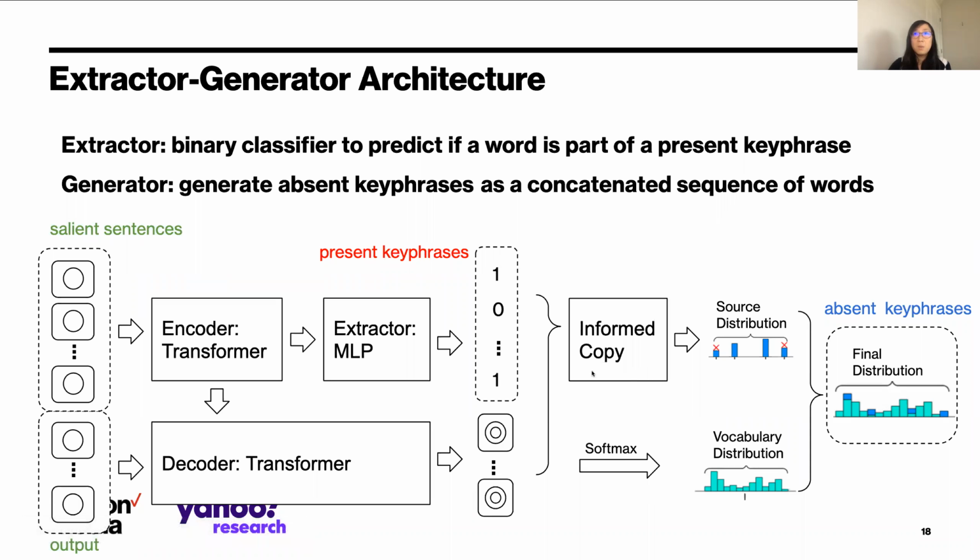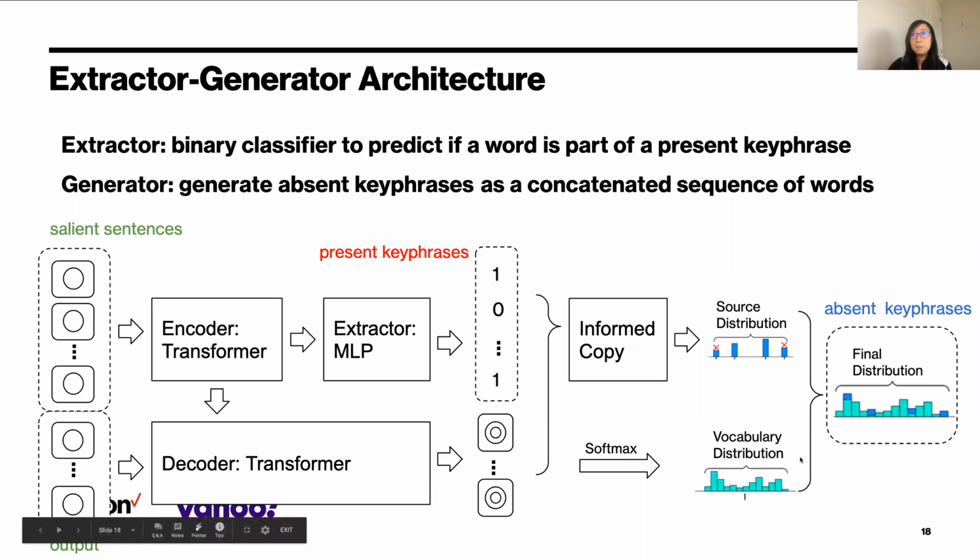Basically, the regular copy will come up with a distribution of the input words based on the attention of a word with all the input words. Then we check the present key phrases that have already been generated. If a word has been generated, we block its distribution.